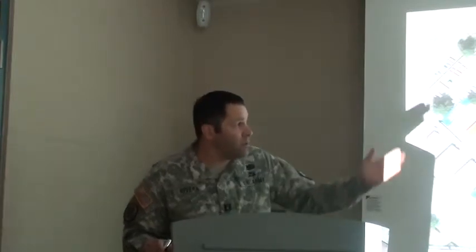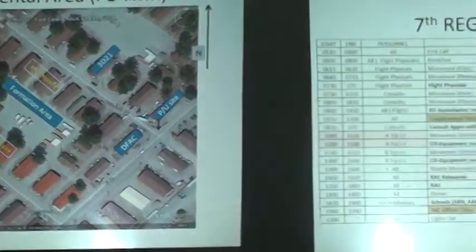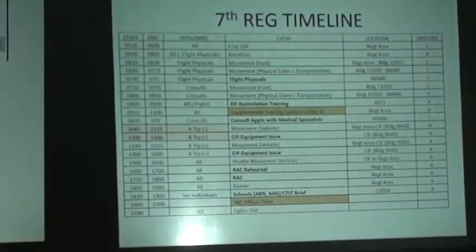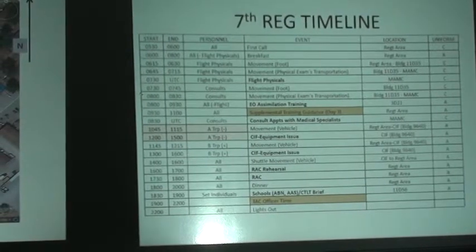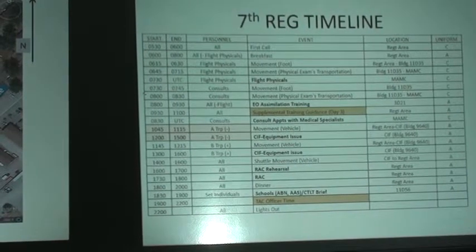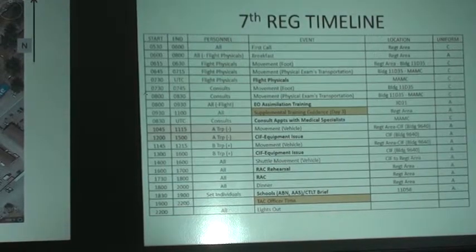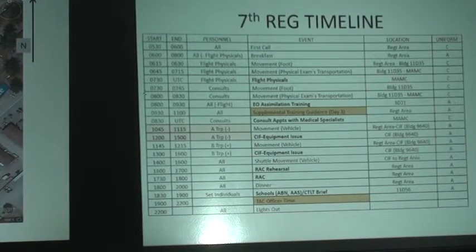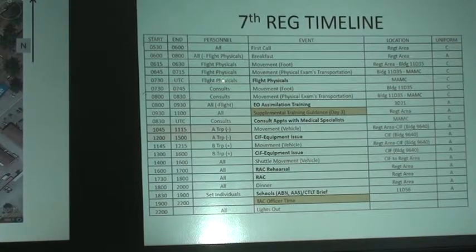Timeline. Please look at my timeline. My timeline is going to be up for the next couple of hours, so I want you to come back and take a look at that. Is that a good focus? Critical for me is that you take a look at all Bravo and Alpha Company, Alpha Troop personnel for flight physicals, for consults.